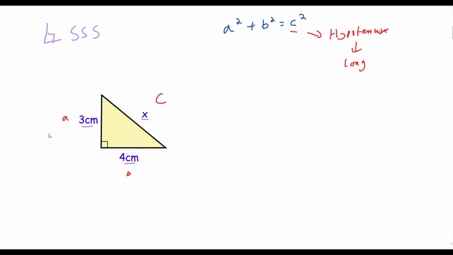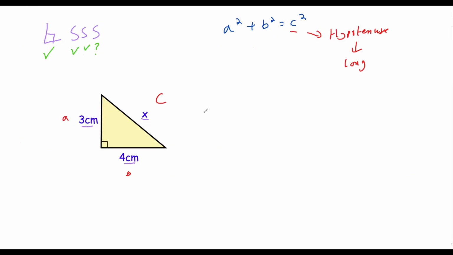So here's what always happens with Pythagoras. I've always been given a right angle. The right angle applies every single time. And then of the three sides, I will have been given two of them, and I'll always be asked to work out the other one. So that's how you can tell something is Pythagoras.